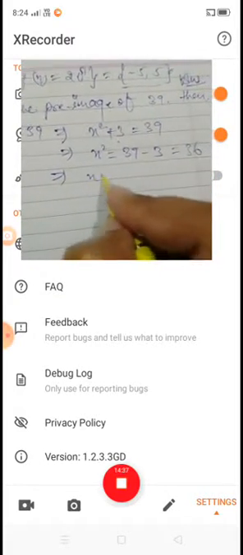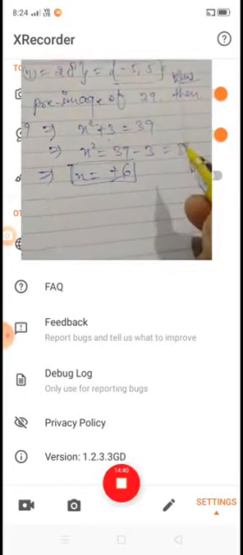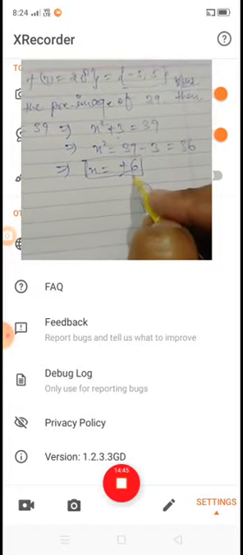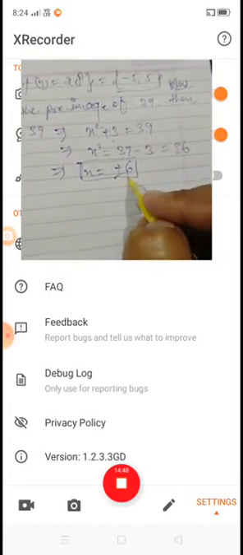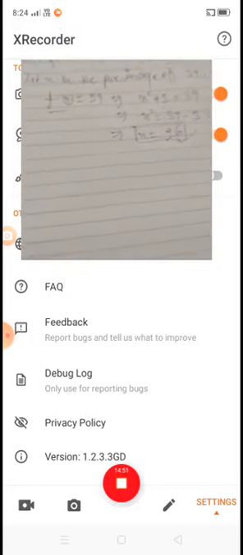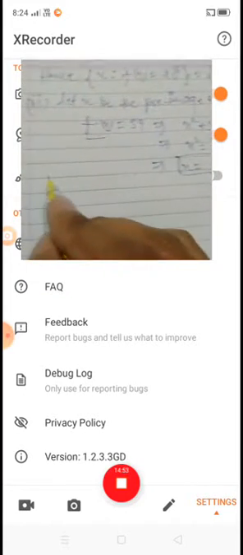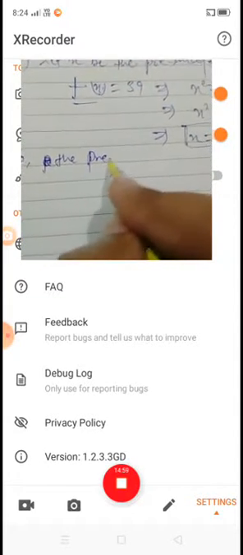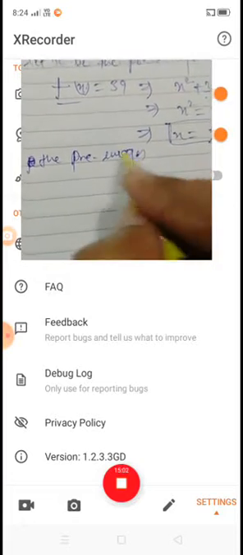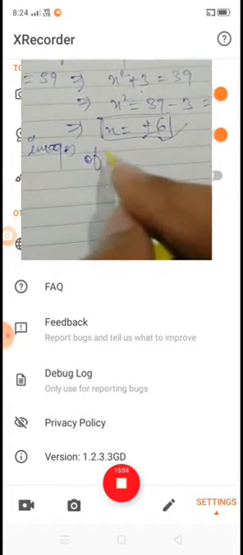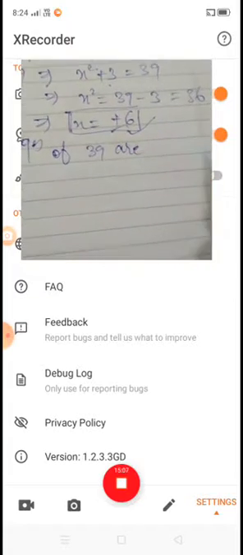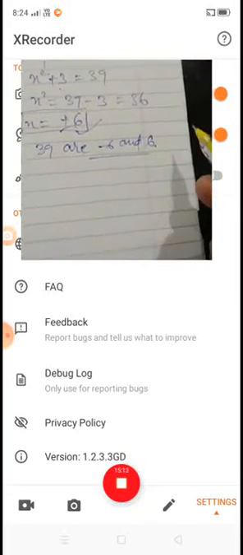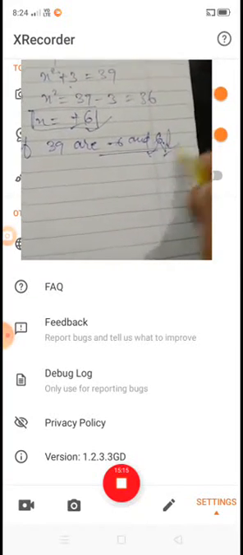So the possible value of x is plus minus 6. So the pre-images of 39 are minus 6 and plus 6, which belong to the real numbers. That is your answer.